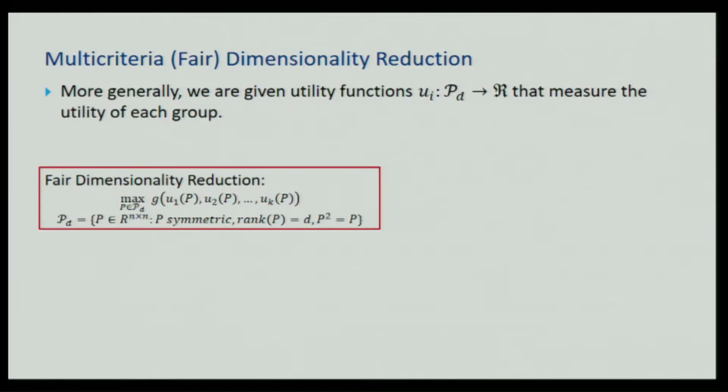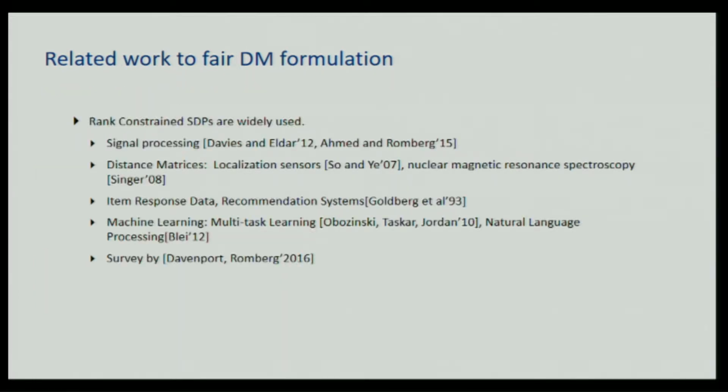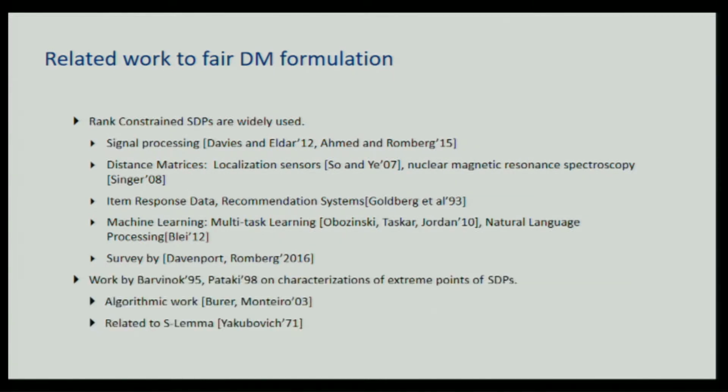So again, you can do this with these general functions, and here's a second example I was mentioning. Instead of min, you could use product, just a second well-known function that is used. There's a bunch of related work on rank-constrained semi-definite programs. They come up in signal processing, even in machine learning. There's a survey by Davenport and Romberg about the use in signal processing.